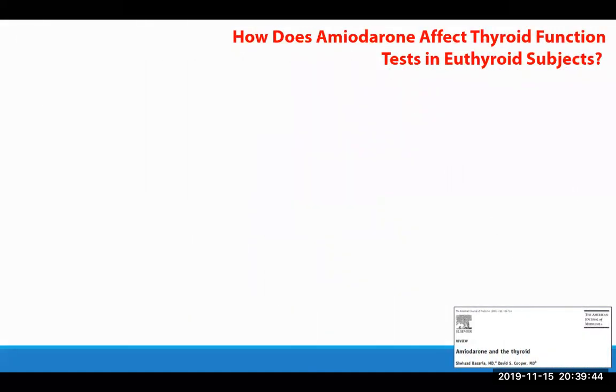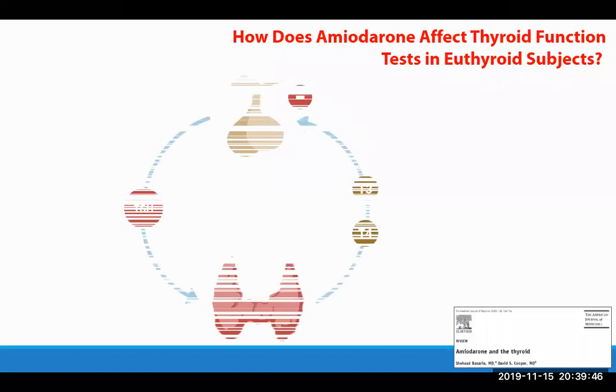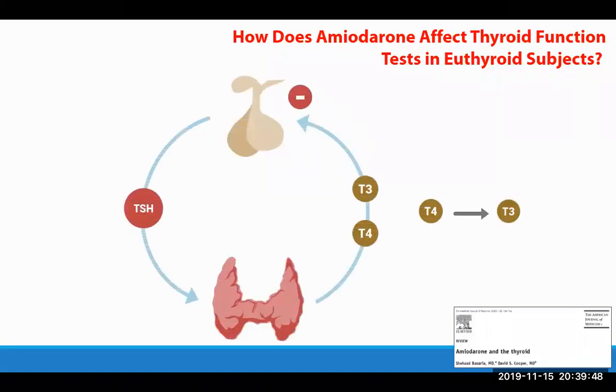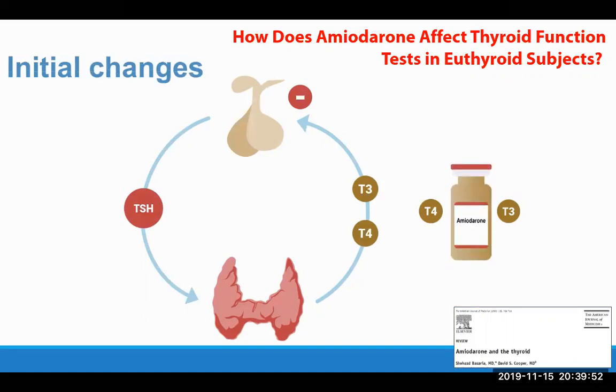How does amiodarone affect the thyroid gland? The first initial step for amiodarone to affect the thyroid function is to inhibit the deiodinase enzyme, which is responsible for conversion of T4 to T3. So the first step is to decrease T3. T3 will be decreased after initiation of amiodarone by about 20% from the baseline.